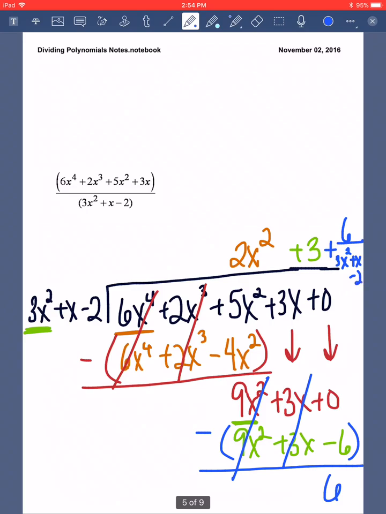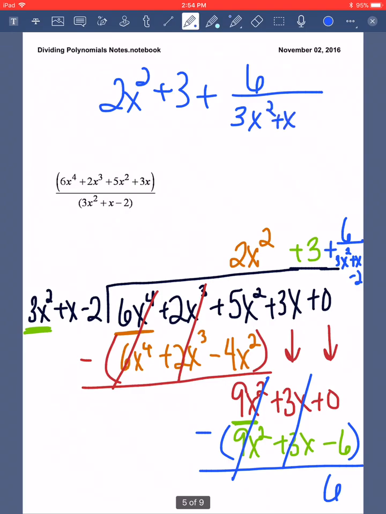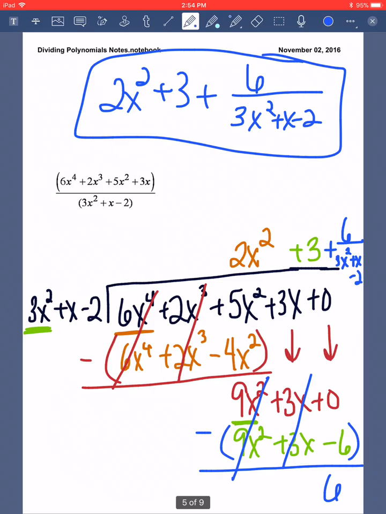And I ran out of room. But my final answer is 2x squared plus 3 plus 6 over 3x squared plus x minus 2. So there's my final answer. I just couldn't fit it all right there. And that is it for dividing polynomials using long division.